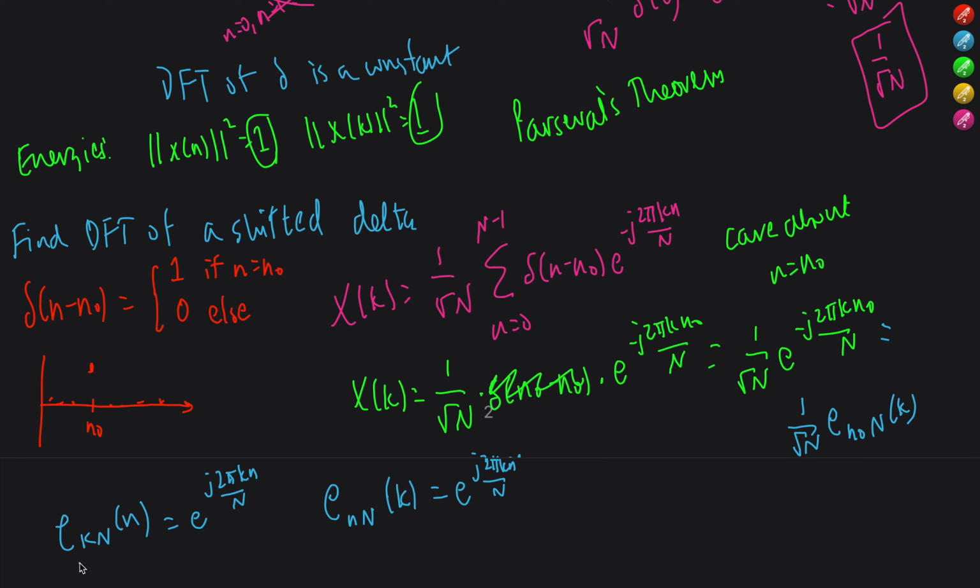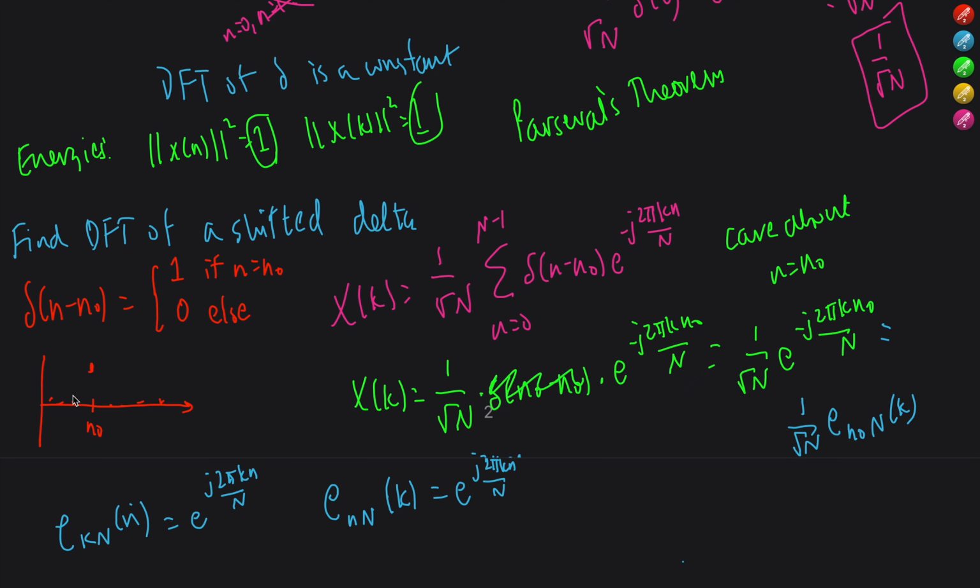Another way to think about it: if I have a function x of t that looks like this, and then I have the same function x of alpha, it's going to look exactly the same. It doesn't matter what variable I'm plotting it with, whether it's k or n. This is still a complex exponential with frequency equal to n naught.